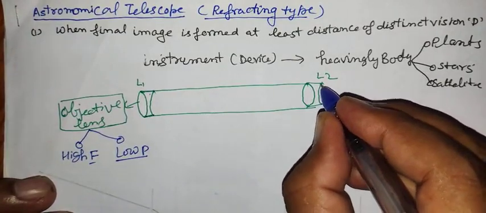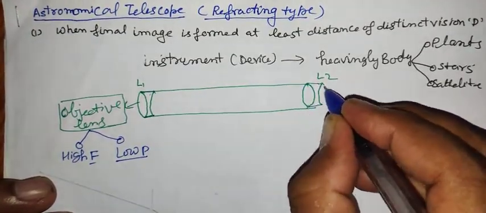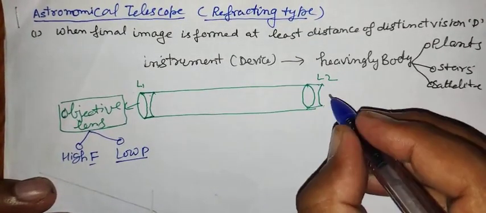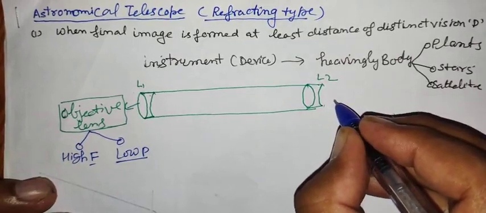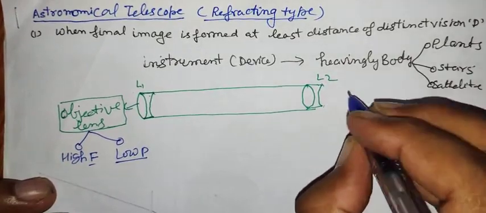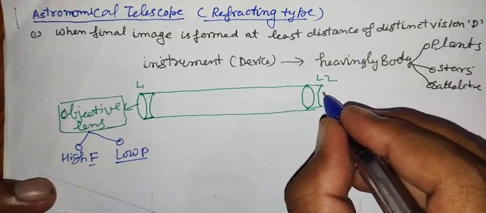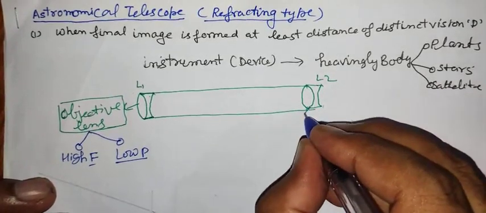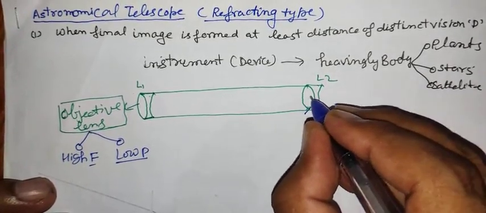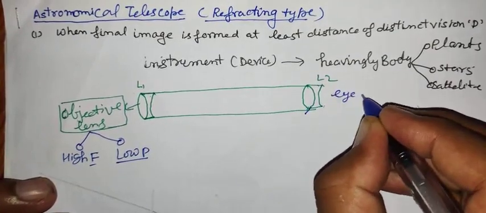The second lens, the achromatic combination on the second side of the tube, is also a convex lens, and it is known as the eye lens.